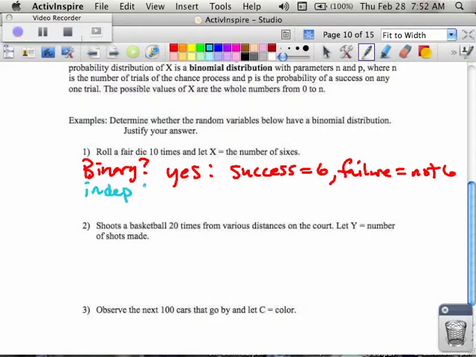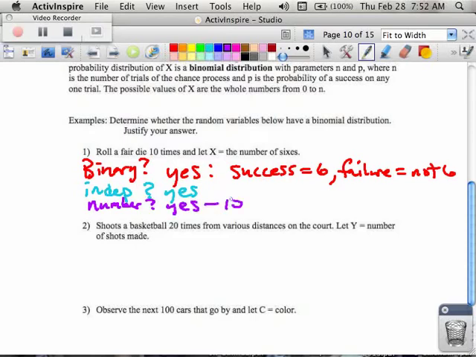Sure. Getting a 6 does not preclude you from getting a 6 the next time, or guarantee that you'll get one. What about the number of trials? Do we have a certain number of trials? Yes, there were 10 of them.